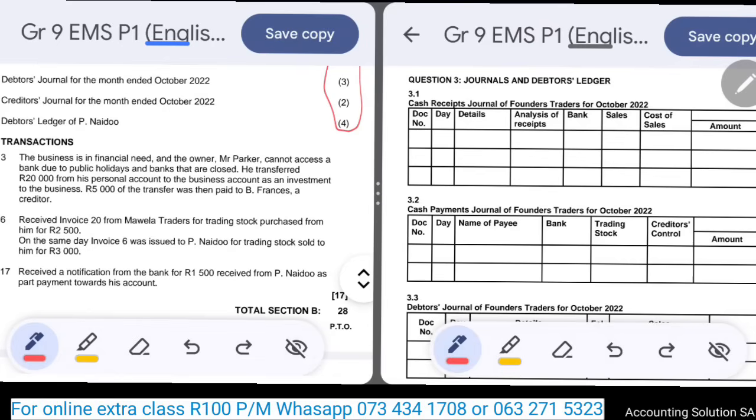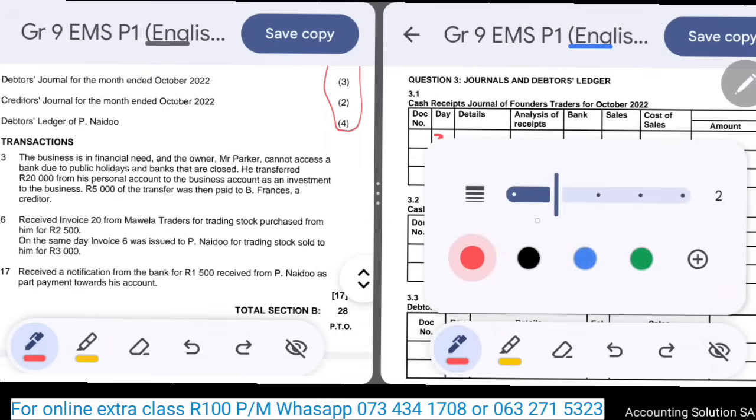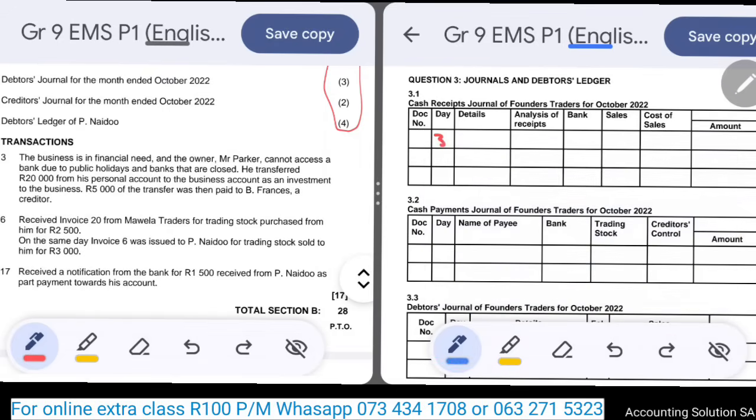Number 1, the business has received money on the 3rd, and it was on the bank statement, BS. The detail, the owner is Mr. Parker.